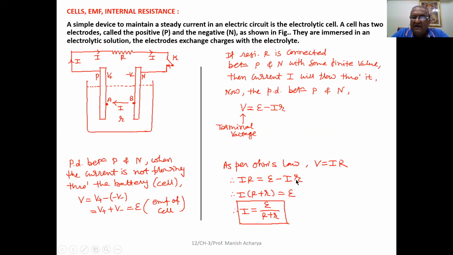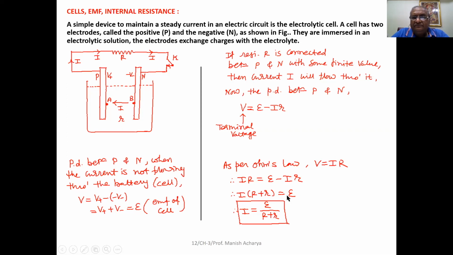If we take this I into small r on the left hand side and take I common, then we can write current I into capital R plus small r equal to E. Therefore, I is equal to E upon R plus r.